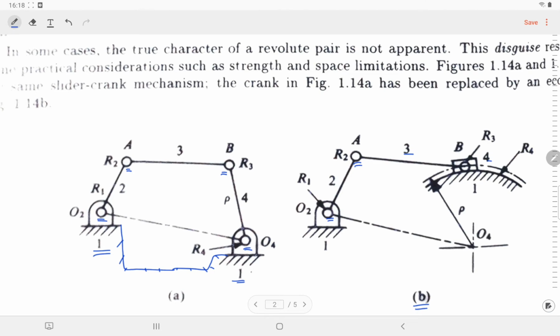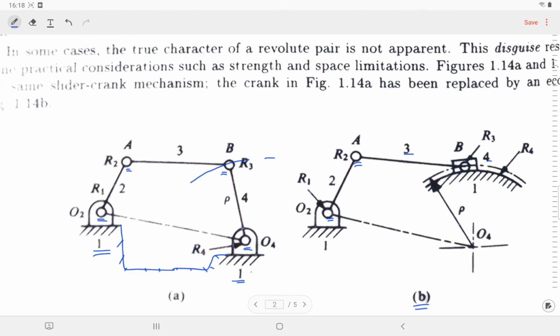But this particular link 4 will move in a curved shape, which is very similar to the motion of this point. So in a certain sense it looks like a revolute pair mechanism.